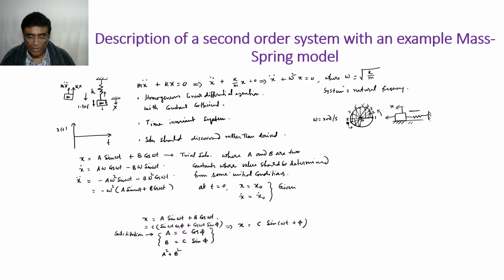C is nothing but root over of a square plus b square. And what is phi? Phi is nothing but tan inverse b by a, isn't it? Tan phi equals b by a, so phi equals tan inverse of this. So they are related.